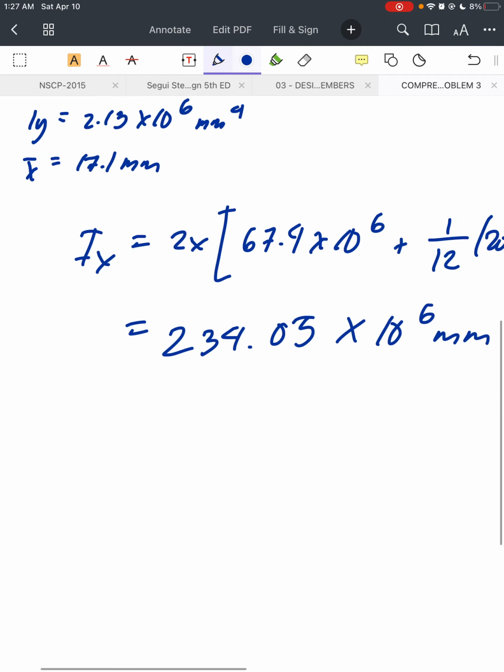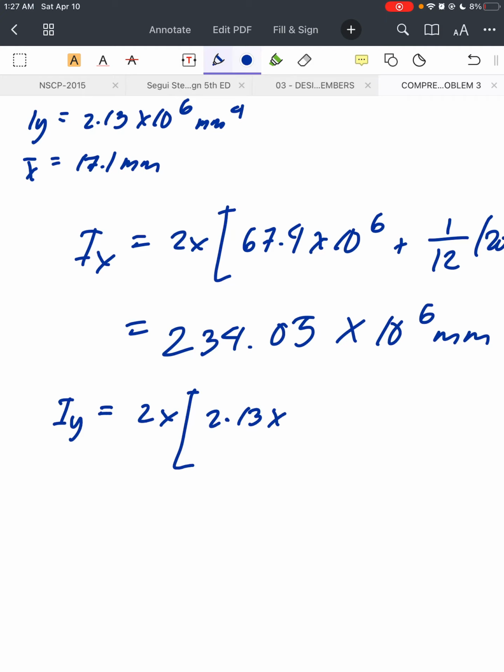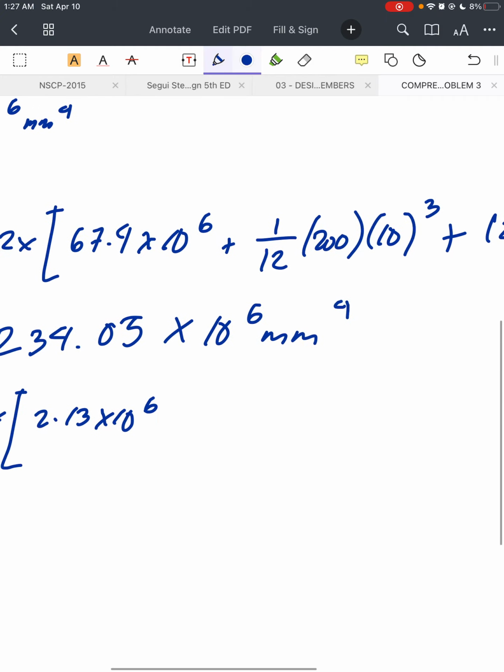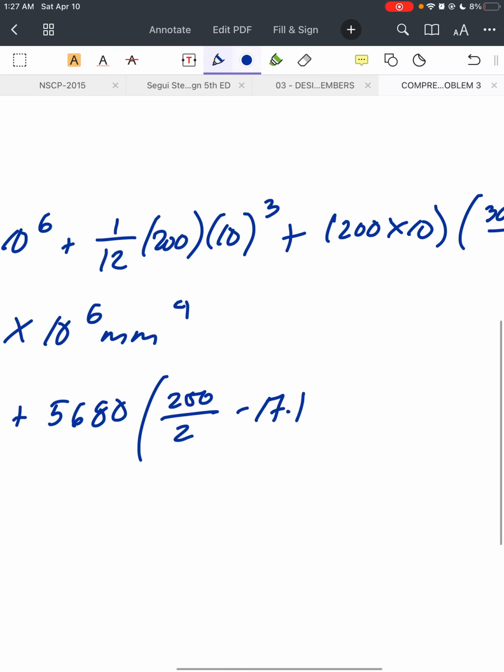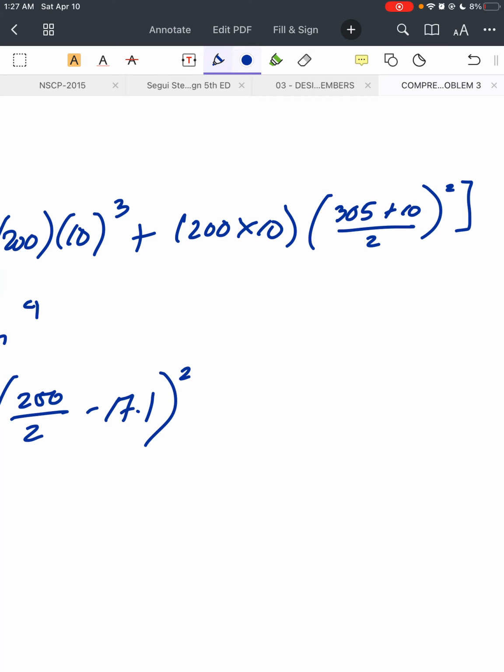Now, for your moment of inertia along y-axis, you have 2 times quantity 213 times 10 to the power of 6 plus 5,680 times quantity 250 over 2 minus 17.1 raised to 2, plus 10 times 200 cube over 12.